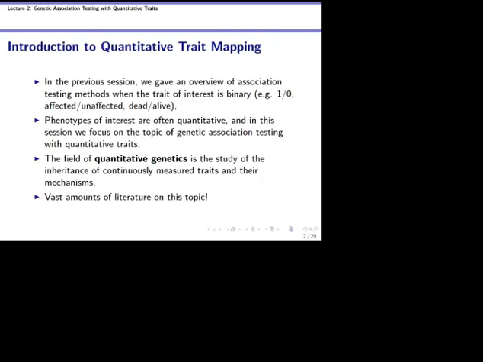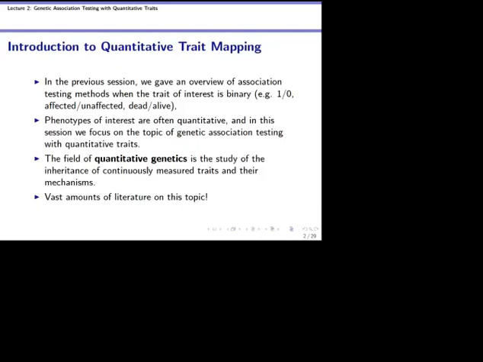So we're going to focus now on introducing approaches for quantitative trait association mapping. In the previous study, we had a dichotomous trait, and we were trying to identify genetic variants that discriminate individuals who have disease or not. Here we're going to talk about measurements that cannot be dichotomized, and so they're continuous in nature.